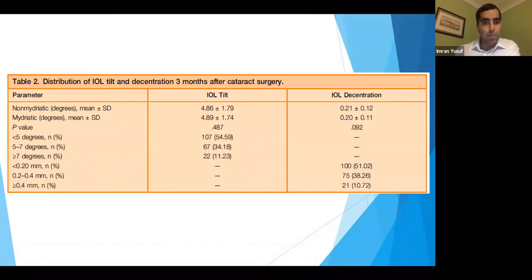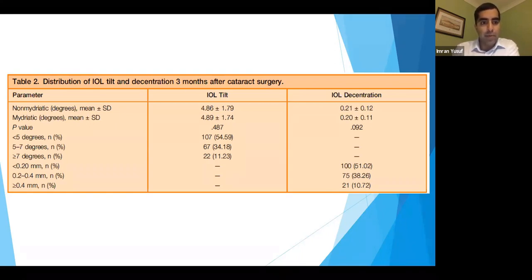So in terms of what they find about the IOL tilt and IOL decentration, and of course these measurements are taken 3 months after cataract surgery. Initially, what they wanted to show was that there was no difference between the measurements in the mydriatic and non-mydriatic states. So they actually took non-mydriatic measurements in the end after proving this statistically. In the first column for IOL tilt, the number of patients who had less than 5 degrees of IOL tilt was 107.